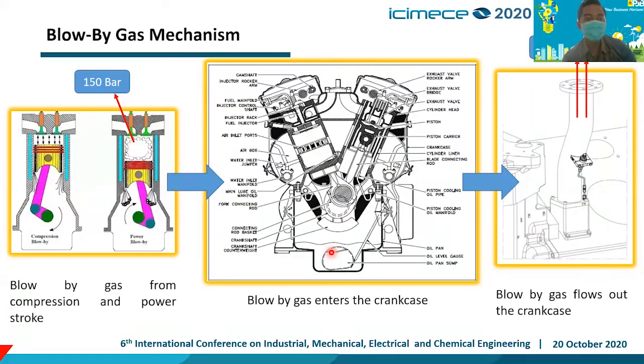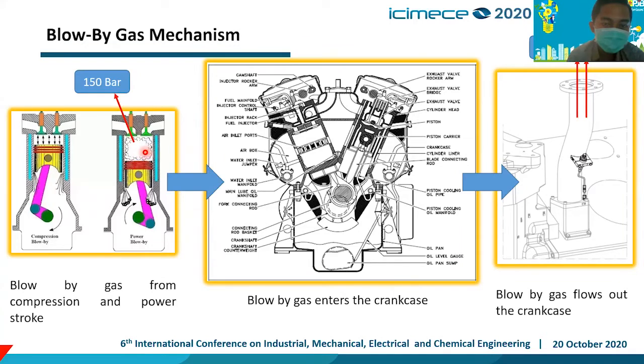For the mechanism, we can see here, this is the compression that makes the gas blow by. This is the piston and this is the compression, and it makes the gas blow by through the piston and piston ring into the crankcase.